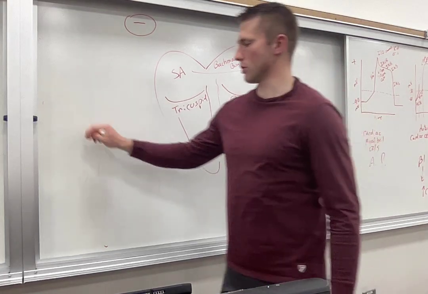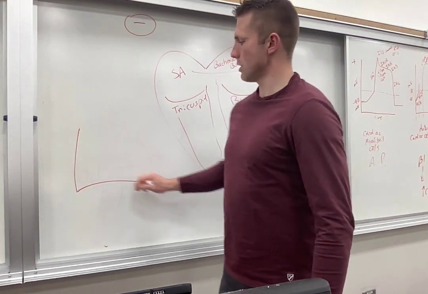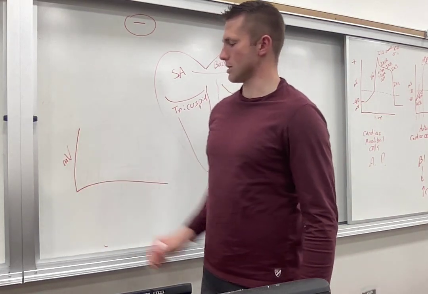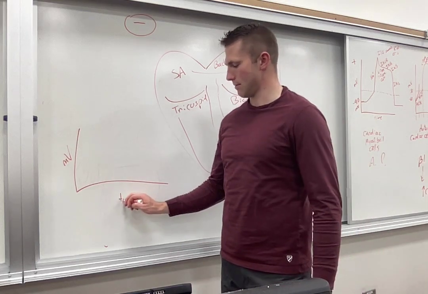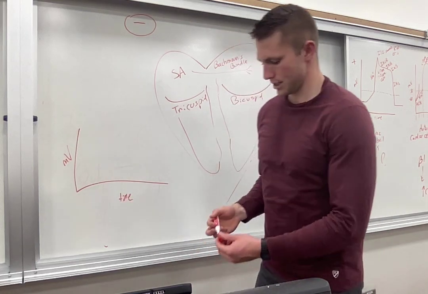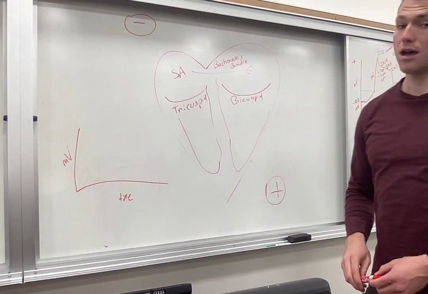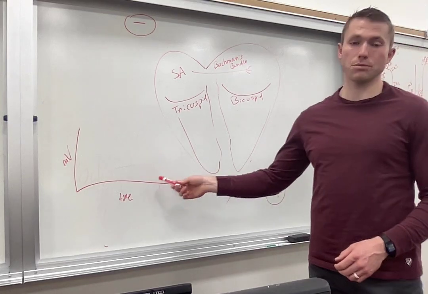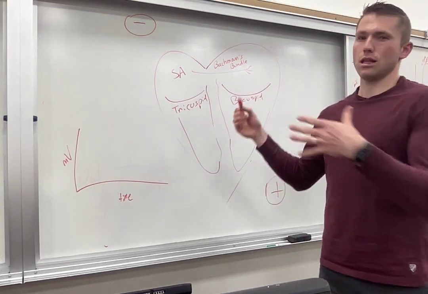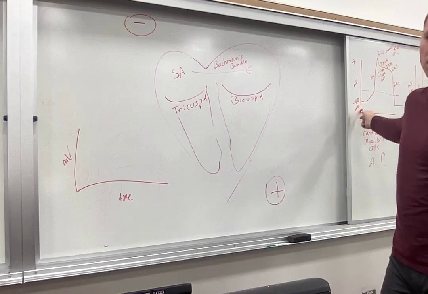So on your ECG, you have millivolts as your y-axis, and then you have time as your x-axis. But check it out, we're not measuring action potentials in the same sense as we did here.